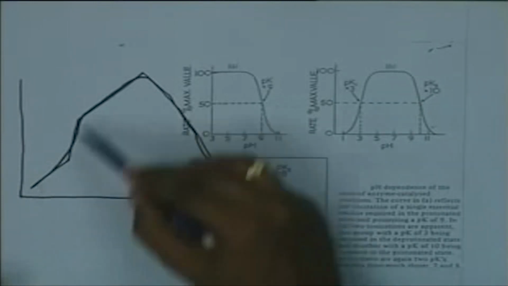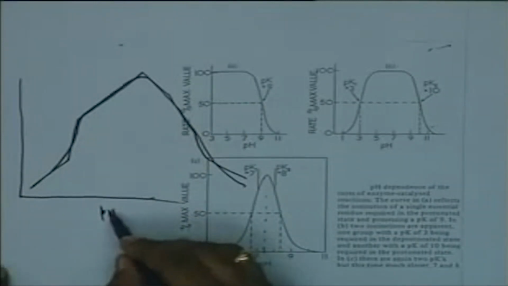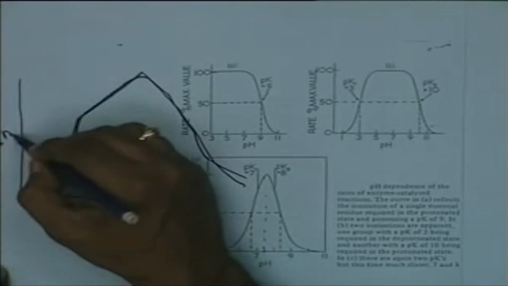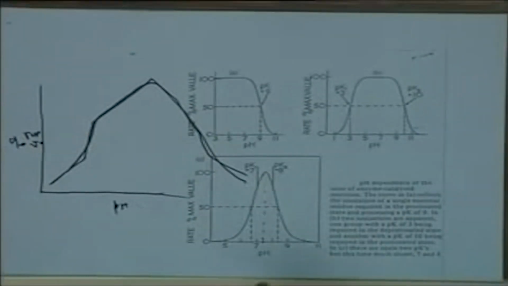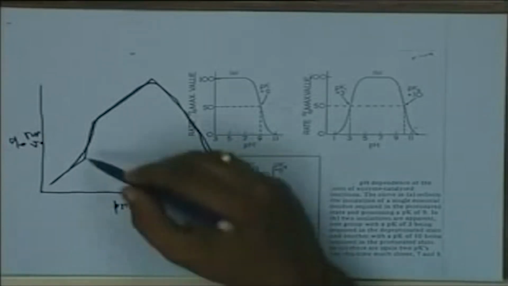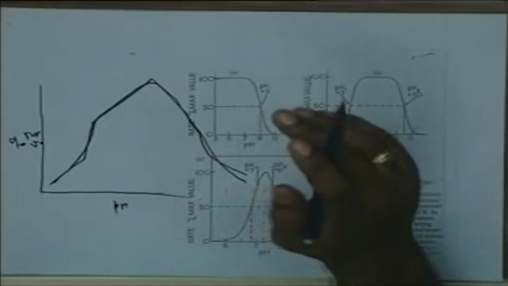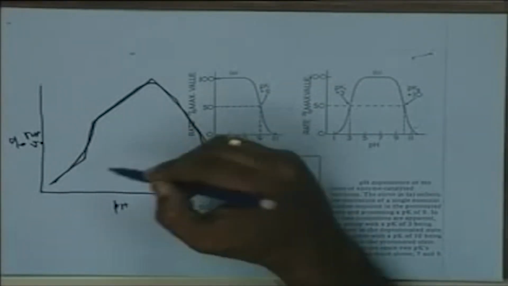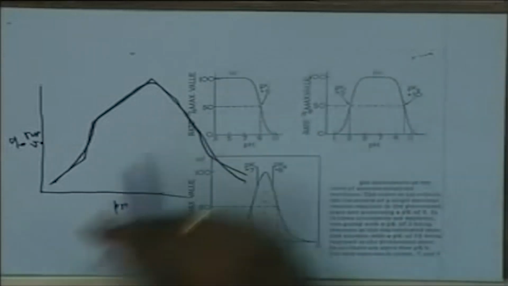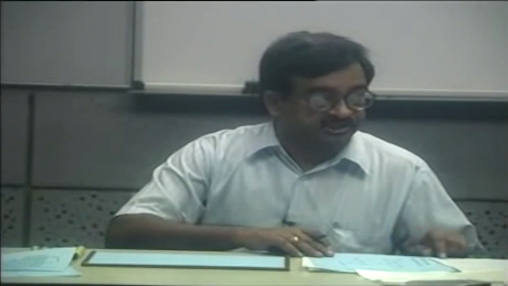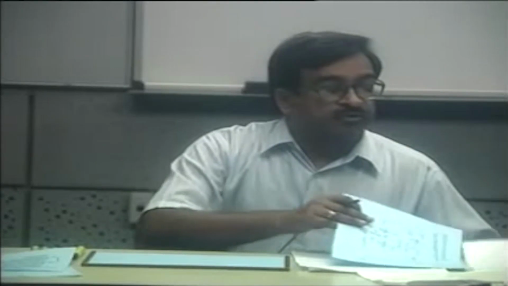The net profile of pH and percentage maximum reaction velocity may be the sum total of all the effects, and can be broken down into linear segments, where each linear segment represents the ionization of one of the amino acid residues. So, basically the effect of pH on the reaction velocity must be considered as a parameter on the rate of reaction.